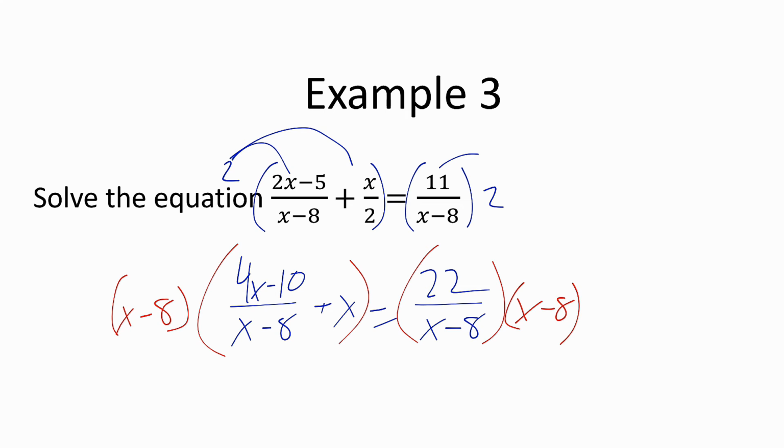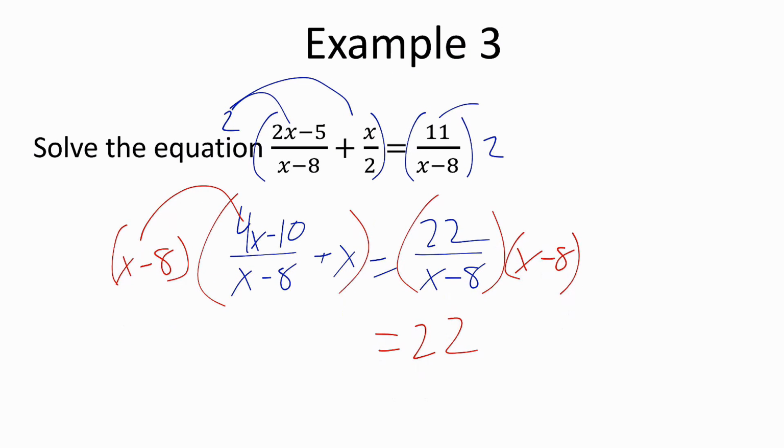Now, the right side cleans up really nicely. We're just left with 22. On the left side, we're going to do x minus 8 times that first fraction. Well, that's nicely going to cancel out the denominator. We're going to get just 4x minus 10. But then we're also going to distribute the x minus 8 to the x. So x minus 8 times x gives us plus x squared minus 8x.